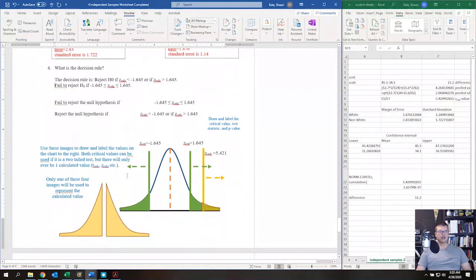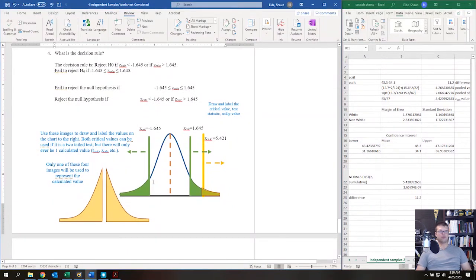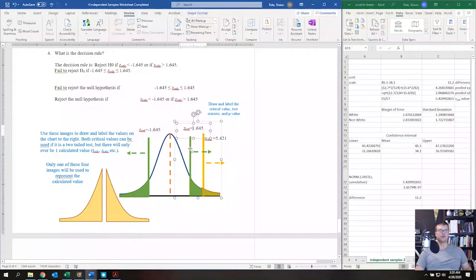So what does that look like down here? Yours is all spread out, but I put it together just to make the video shorter. So make sure that you move this up, and so we've got the z critical value of negative 1.645, and then we've got the other z critical value of positive 1.645, because this is a two-tailed test.